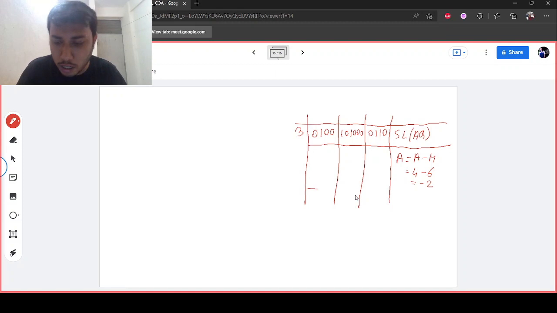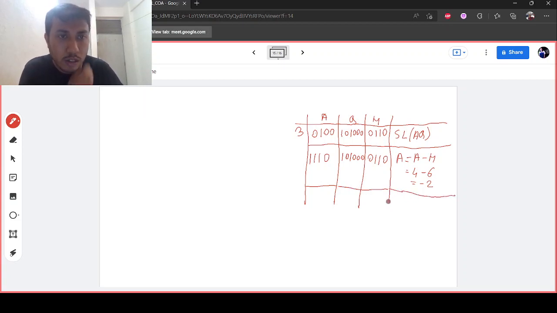The 2's complement form of minus 2 will be 1 1 1 0. The Q part will remain the same, and the M part will always remain the same.